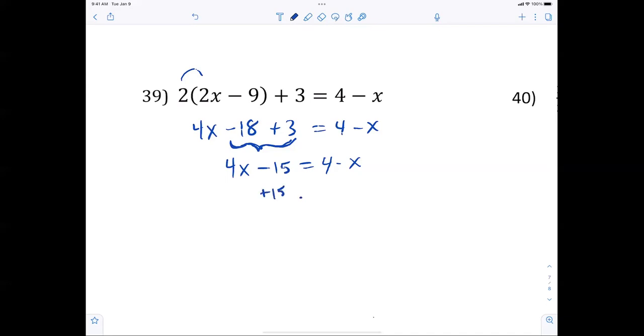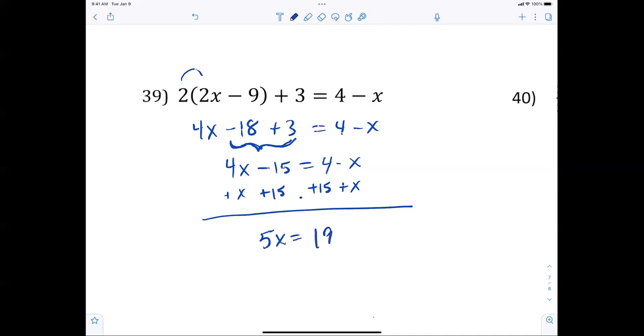So I want to add 15. And then what else? I can move one more thing, the x. Yeah, plus 10. 5x equals. And then divide by 5, and then 19 over 5. Beautiful. 19 over 5. Very nice.